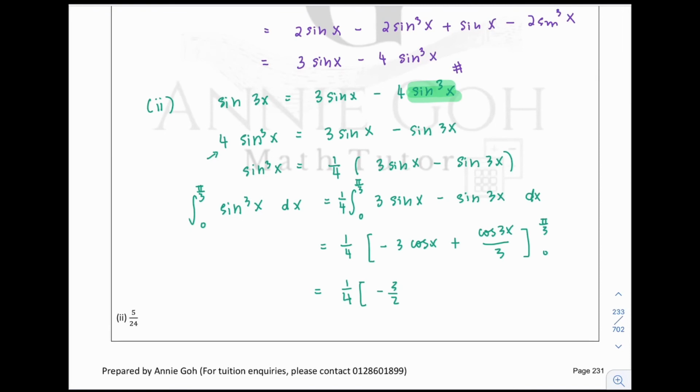When you sub pi over 3 into cos 3x over 3, you will get negative 1 over 3. And then minus, when you sub 0 into the first term, negative 3 cos x, you get negative 3. When you sub 0 into cos 3x over 3, you will get positive 1 over 3. And eventually, the final answer will be equal to 5 over 24.